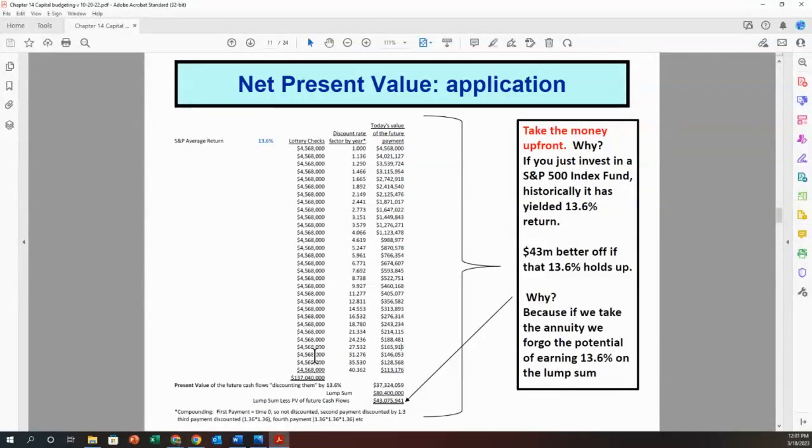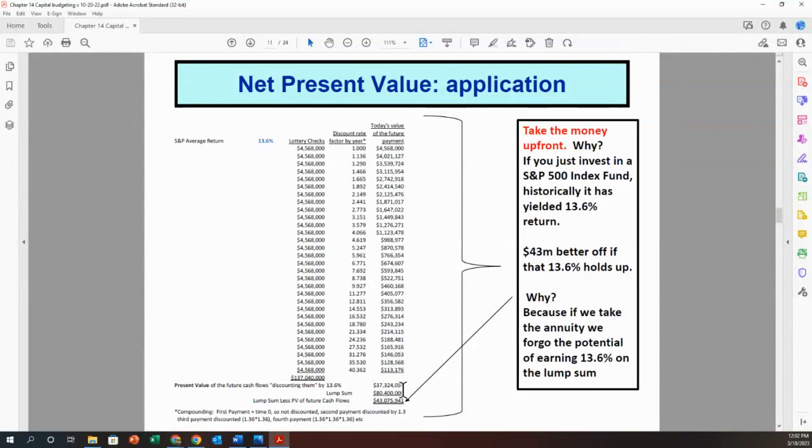The value of those future cash flows, considering that 13.6% is my investment horizon, my measure of risk, etc., is only actually worth $37 million today. The lottery commission will give me a check for $80 million today. So 37 minus 80 is 43.